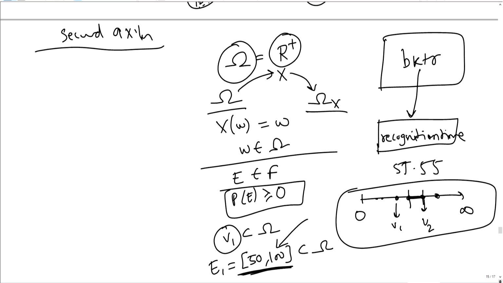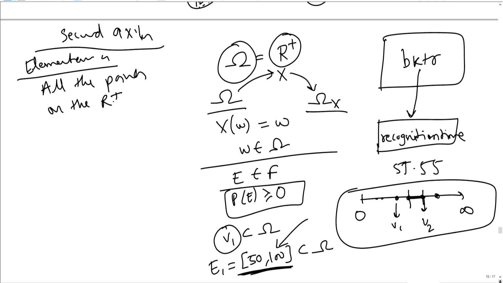So, in fact, elementary events are all the points on the real number line between 0 and infinity. All the points. How many points do we have? Infinite number of points, right? How many points do we have between V1 and V2? Infinite number of points. All these points are elementary events. So, let us apply the second axiom to these points.